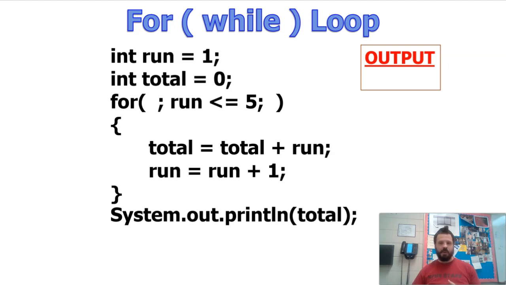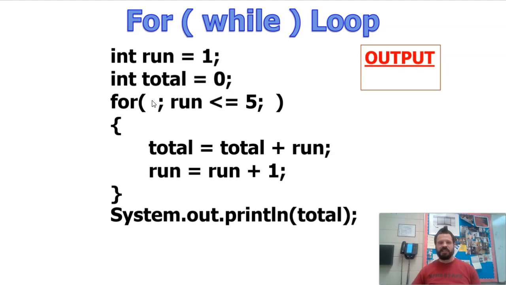All right, then the last thing I want to do before we write some example code is give you an example of what not to do. We could make a for loop behave like a while loop, which wouldn't be a good idea. You'd be better off just making a while loop in this case. But let me show you how we can force a for loop to work more like a while loop. I've got my for loop header here, and notice I've got nothing in the initial condition.